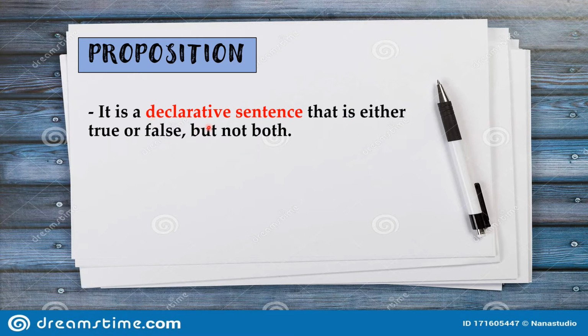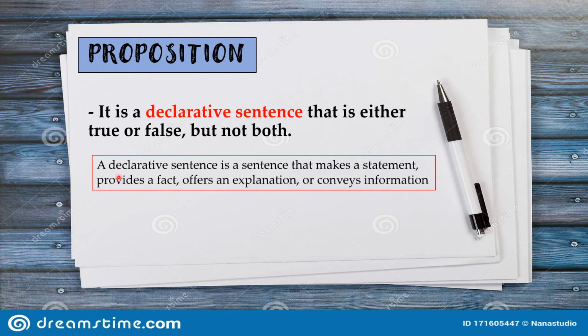Then, what is a declarative sentence? A declarative sentence is a sentence that makes a statement, provides a fact, offers an explanation, or conveys information. A declarative sentence is written in the present tense and usually ends with a period. It gives factual data, it gives explanation, it also gives information.